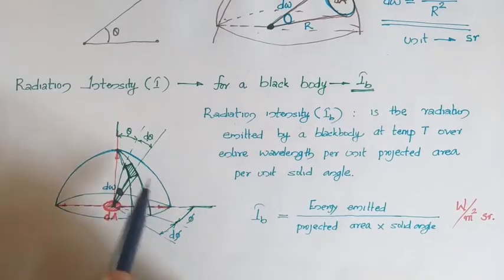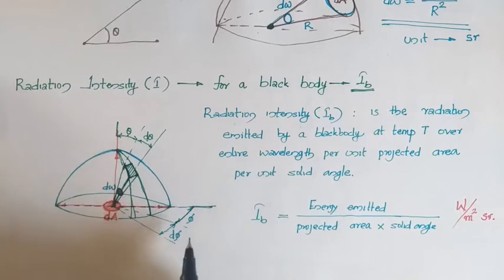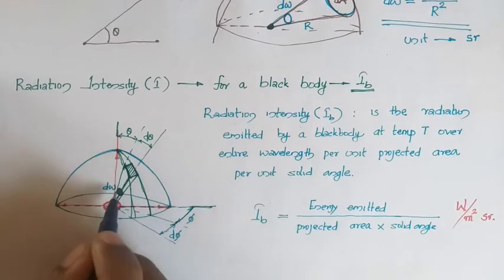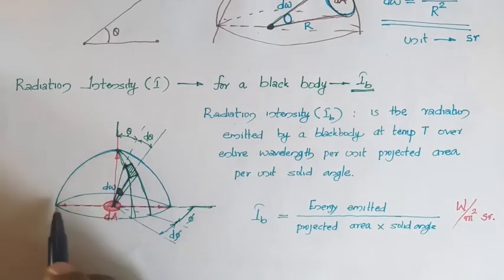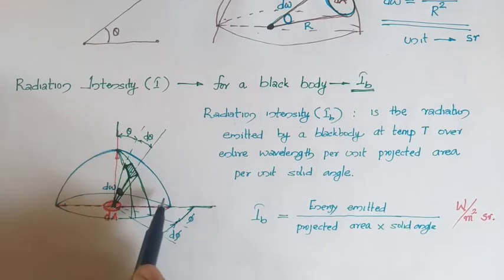So you can locate this element with respect to theta and phi. d theta and d phi are the angles over this element. This area is coming as a part of a hemisphere. The radiation from this area dA will be propagated in all directions.